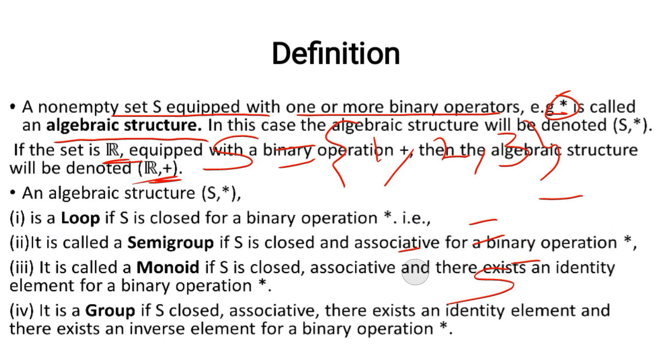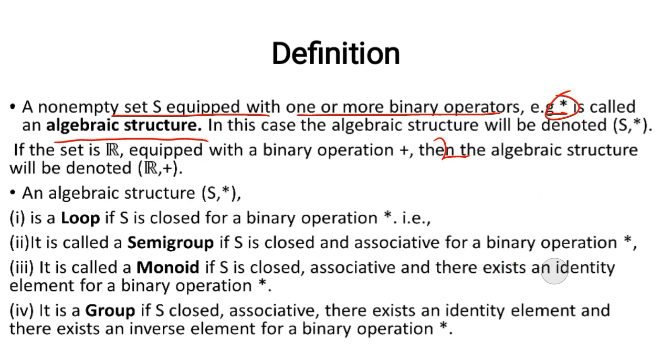So the next definition is, if you have the same algebraic structure S with the binary operation asterisk, it is called a semi-group if it is closed, meaning that if I pick two elements and they are related by the binary operation, the result will still be in the set.